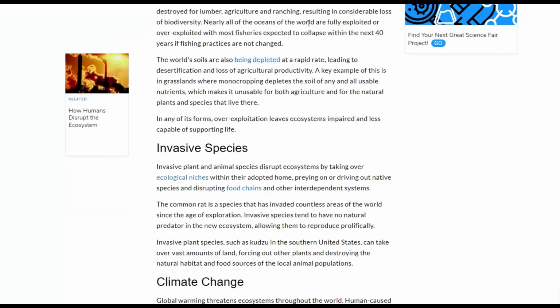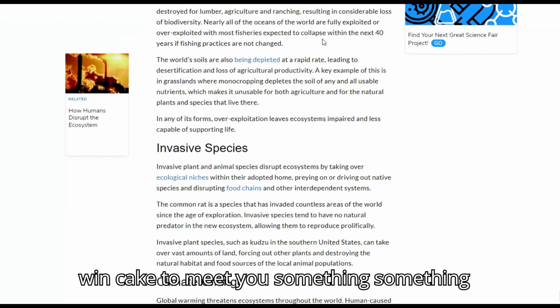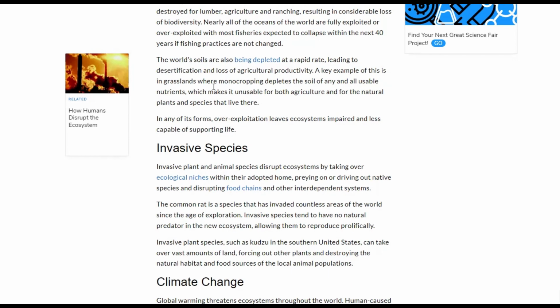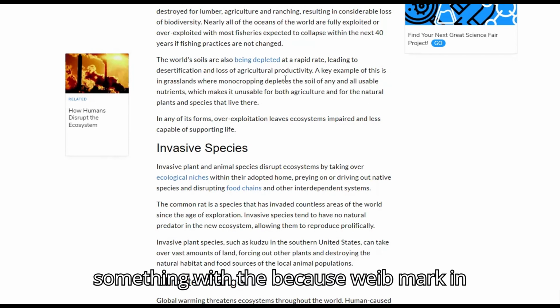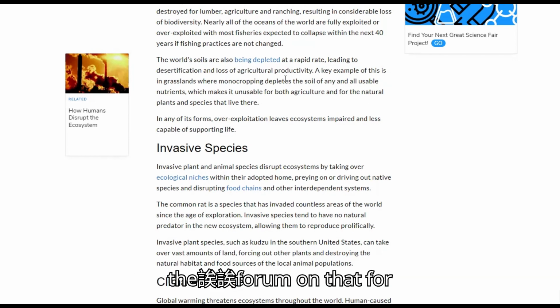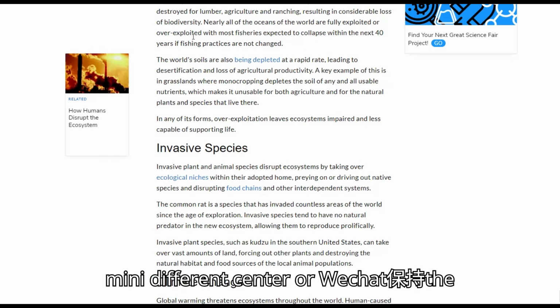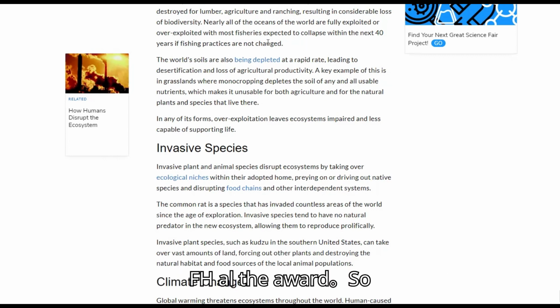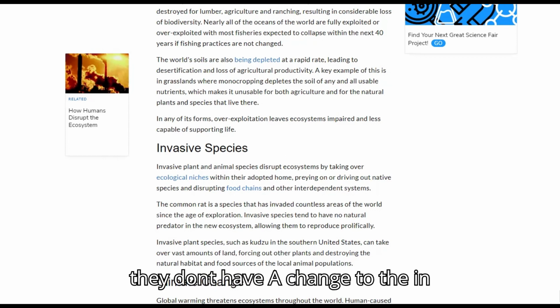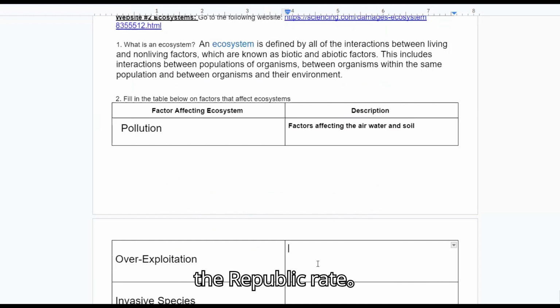What is over exploitation? All right. Well, what is that? Like when we take too much of something, we burn things down, when the soil is depleted because we've been farming on that for many different centuries and years, or we take most of the fish out of the waters so that they don't have a chance to repopulate. So, killing, that's what it is.